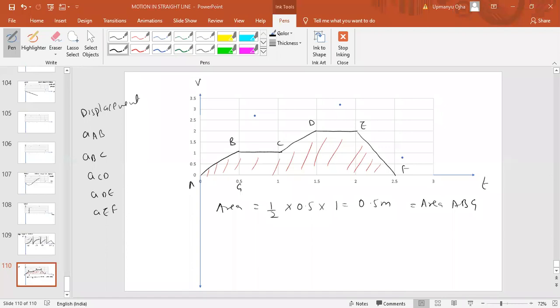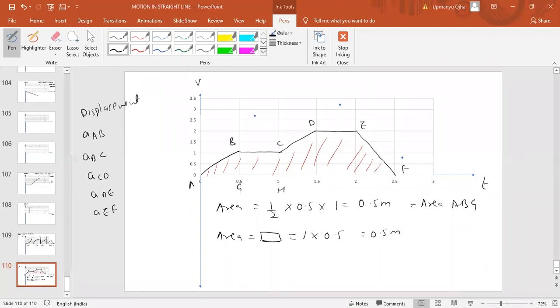Then area of this rectangle, that will be how much? 1 into 0.5. So area will be equal to area of this rectangle. Okay. That would be equal to 1 into 0.5, which is 0.5 meter. So this area from ABG, ABCH. So area of ABCH is equal to how much? 0.5 plus 0.5, which is 1 meter.